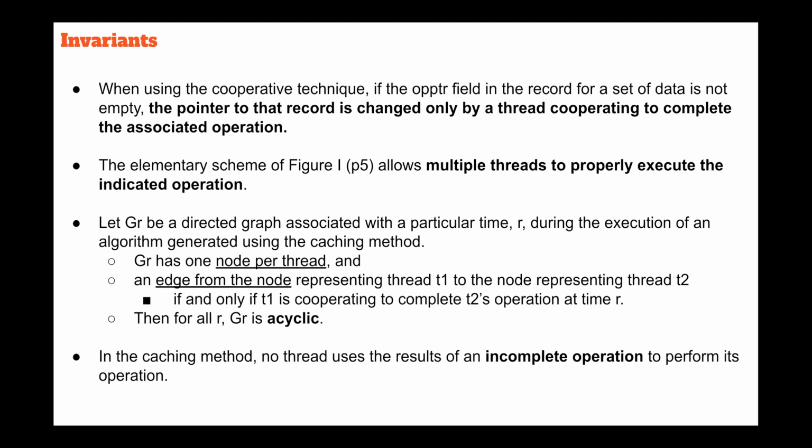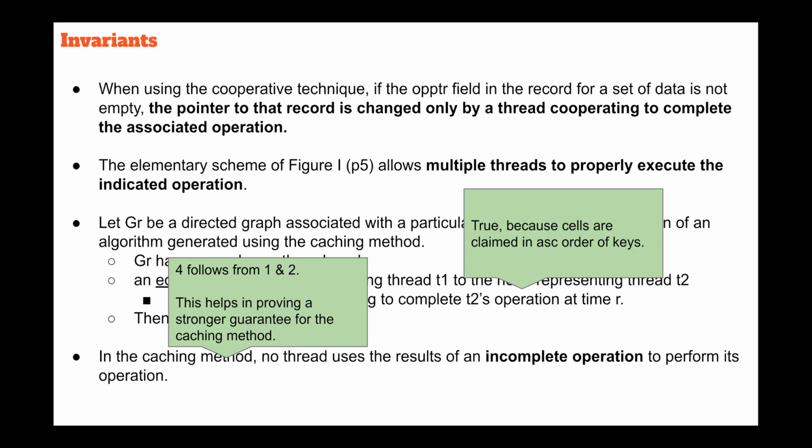Nodes will be the processes, and an edge exists only if process 1 agrees to cooperate for the completion of process 2. Since we are locking the items in the incremental order of their keys, it is guaranteed that the graph will be acyclic. And finally we have the invariant that no thread uses the result of an incomplete operation to perform its operation.